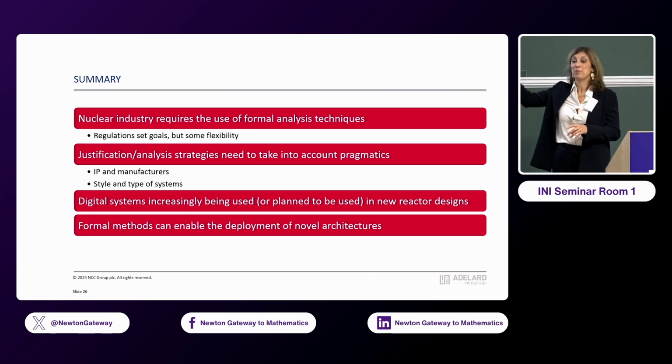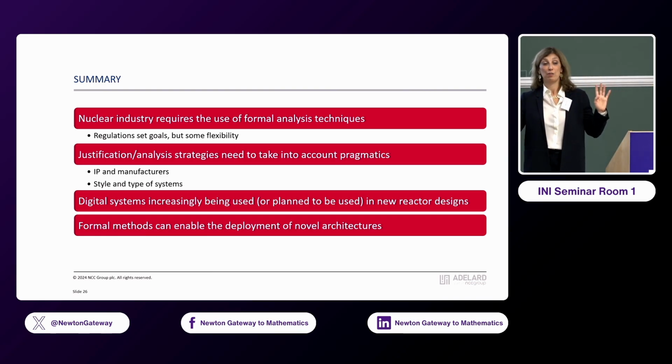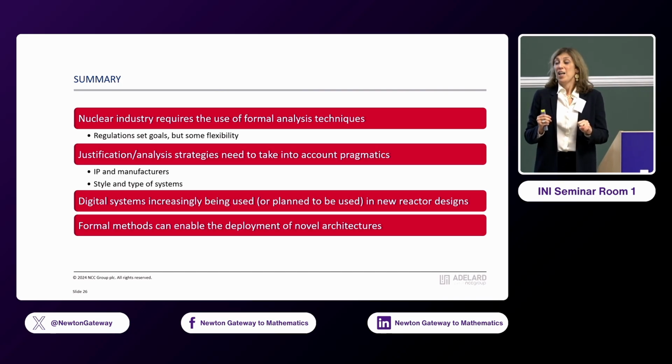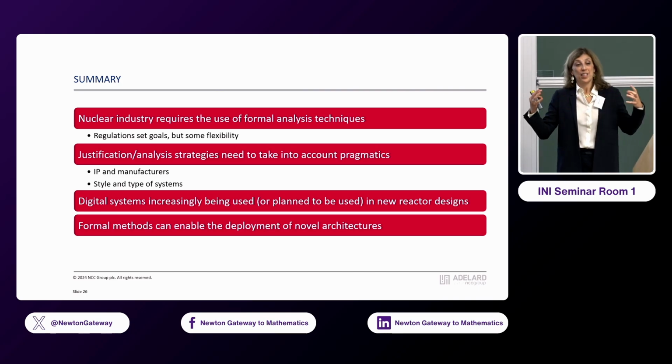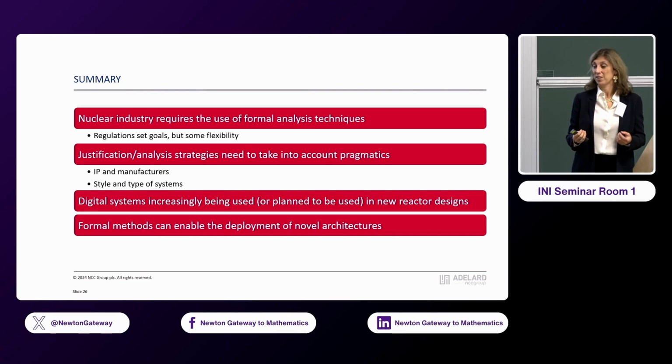I think digital systems are really increasing in nuclear. You've probably all seen on the slide earlier that nuclear seems to be on the main line at the moment. It's going to solve all the climate change problems, or some people claim it will. So there's a lot of interest in building plants cheaply. They need to be cheap and quick, otherwise people are going to give up.